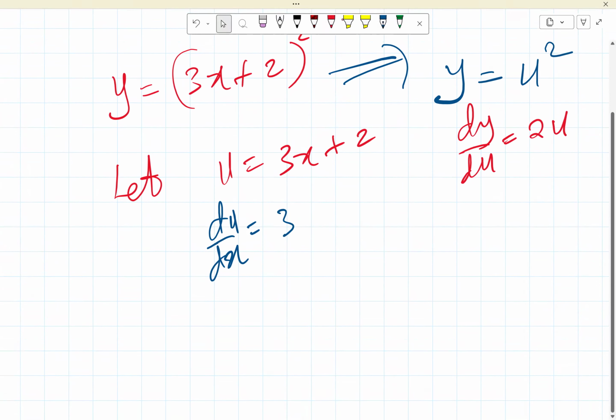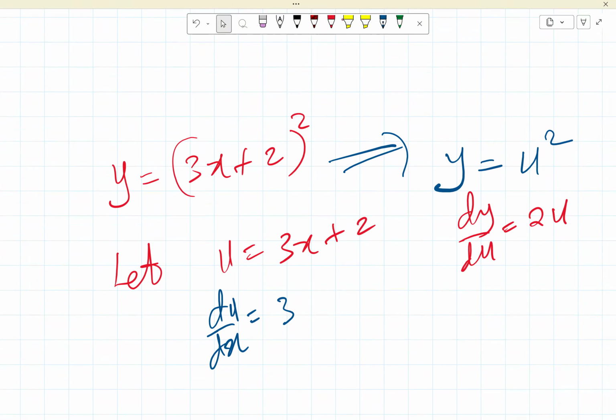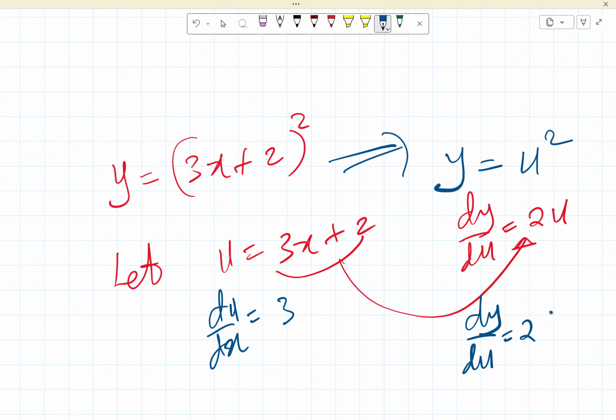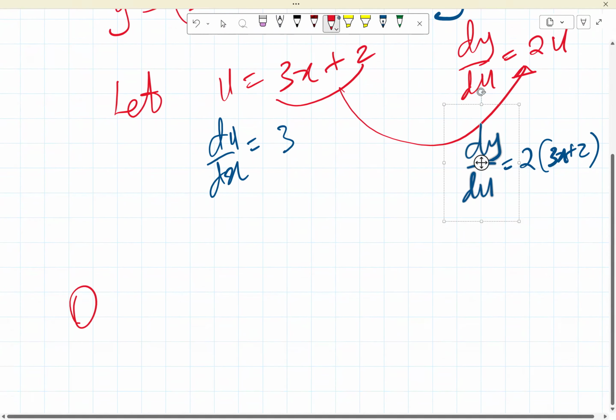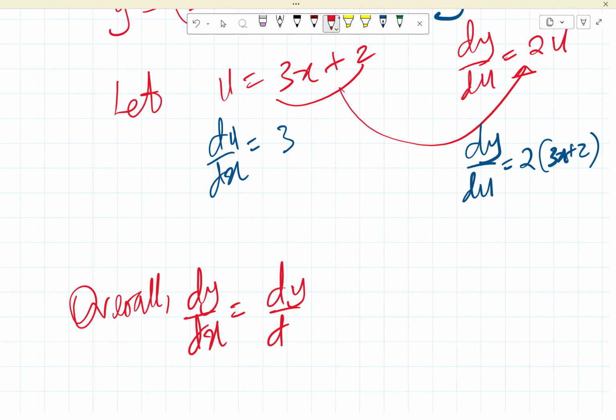At the end of the day, we know that u is 3x plus 2, so dy du is equal to 2 times (3x plus 2). If you like, you can open that up, but we can also leave that. Then overall, dy dx is dy du multiplied by du dx.